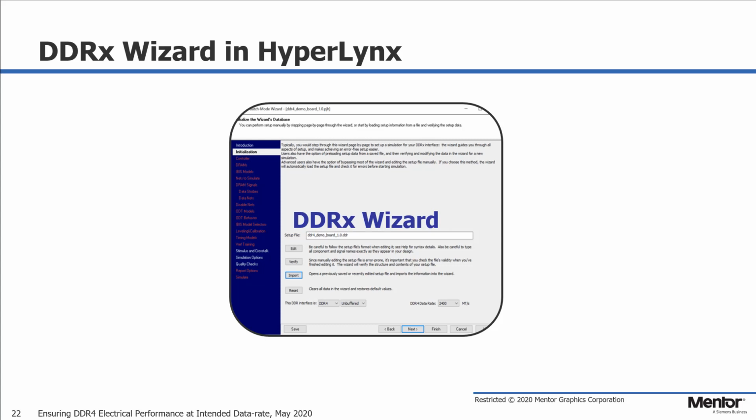Understanding all of these concepts might be overwhelming for some, but the DDRX Wizard in HyperLynx makes the verification process easy and efficient. It's good to have a basic understanding of how DDR4 bus works, but you don't need to understand the JEDEC spec in details to use the DDRX Wizard.